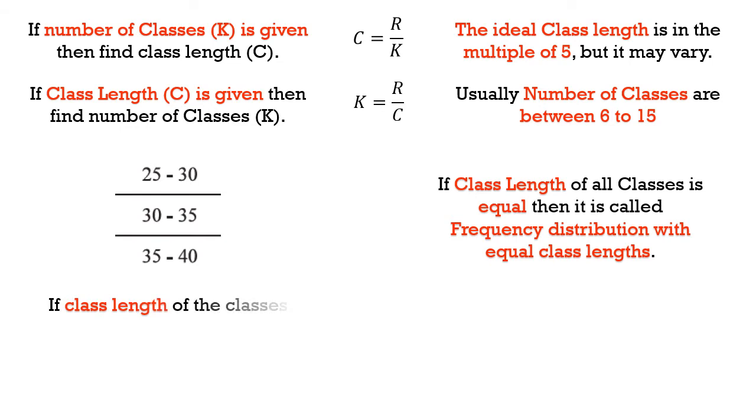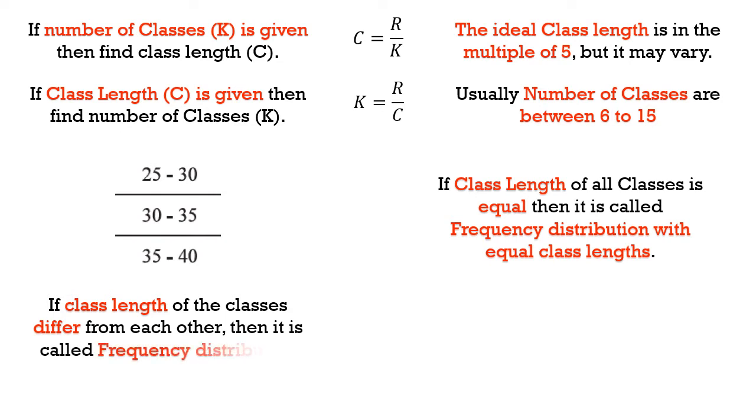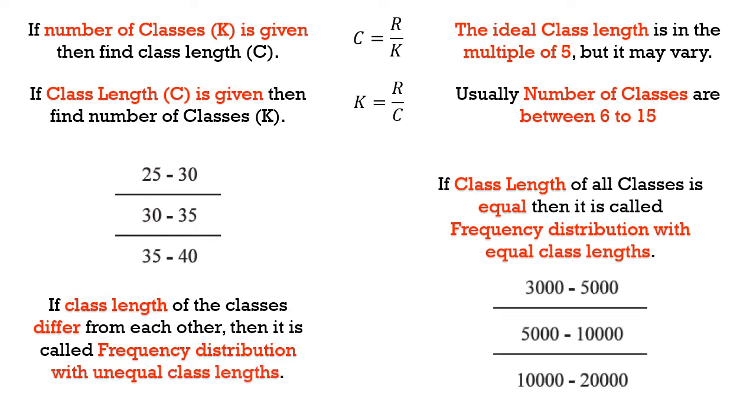If the class length of the classes differ, that means each class has a different class length, then it is called frequency distribution with unequal class lengths. The example, as you can see here, first one is 3000 to 5000. The difference here is 2000. That means the class length of the first class is 2000.